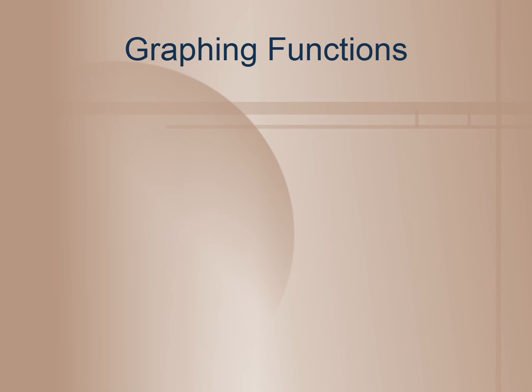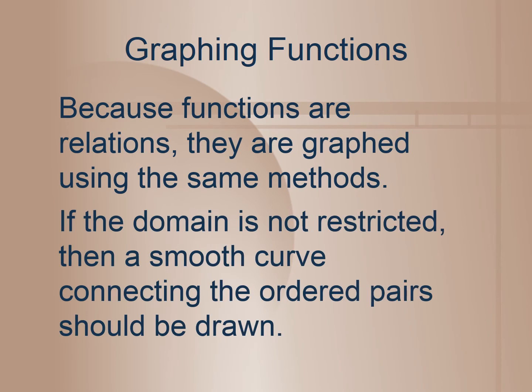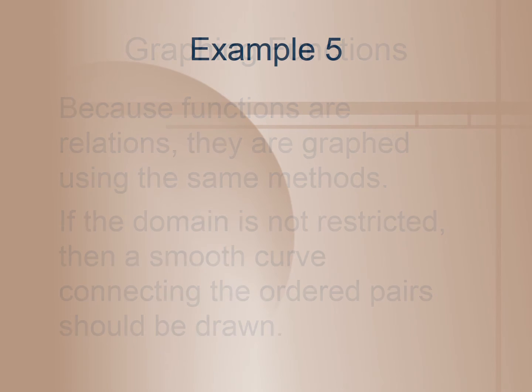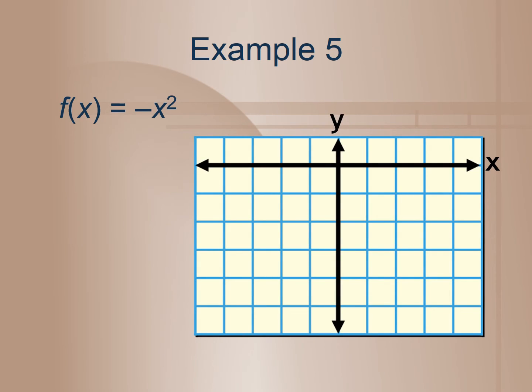If the domain's given to you, you plot points. If the domain's not given to you, there's no restriction on it, you need to connect those points. So let's take a look at example 5, where we have f of x equals -x squared. They don't give us a domain, so we would want to pick our own numbers.